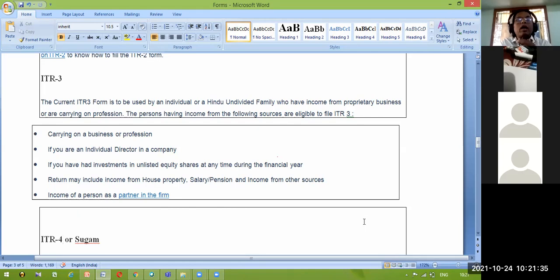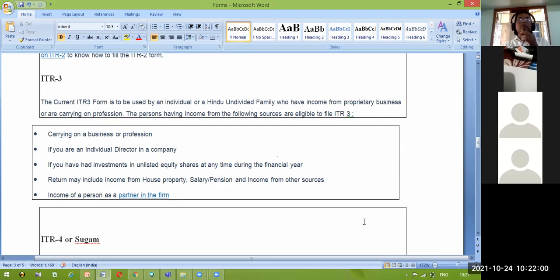The return also includes income from house property, salary, pension, and income from other sources. Suppose one person is an employee having salary, he has a business also, he has house property also, he has other sources also. All these things will come under ITR 3 only because he has business income.